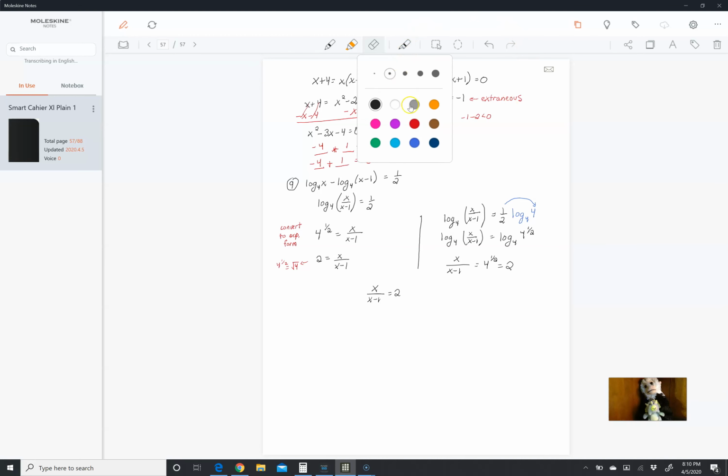We're going to multiply both sides by x minus 1. The x minus 1 is going to cancel here. We distribute the 2. And we get x equals 2x minus 2. So now we can subtract x from both sides. Sorry, subtract 2x from both sides.